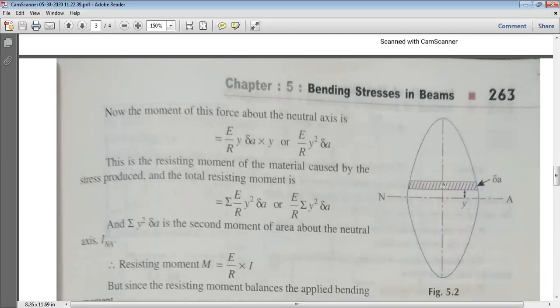And if we have to find the force from here to here, we'll integrate from here to here. So we'll find the summation of E by R.